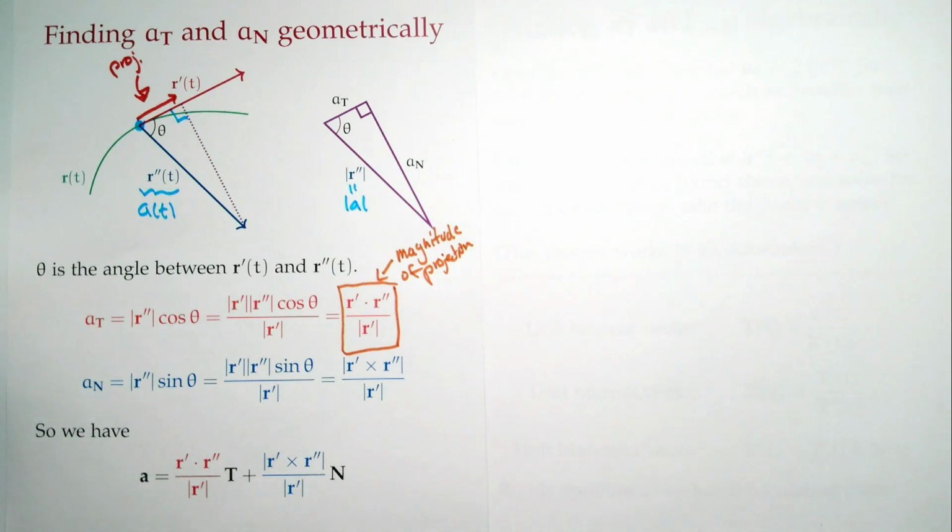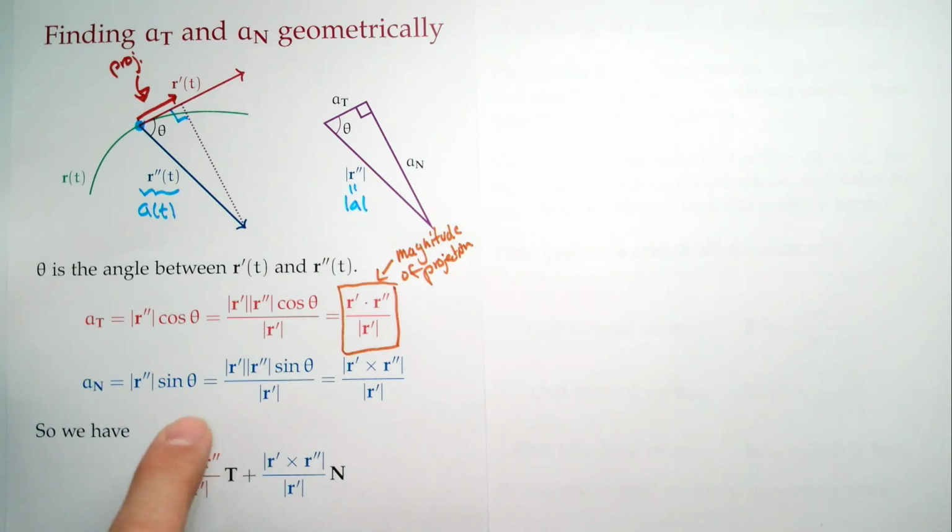So a sub n, the part that's perpendicular, would be the magnitude of r double prime times sine theta. Now, when I see sine theta, I don't think dot product, I think cross product, because sine theta is the term that appears in the cross product. So to make it look more like the actual cross product term, I again add the magnitude of r prime.